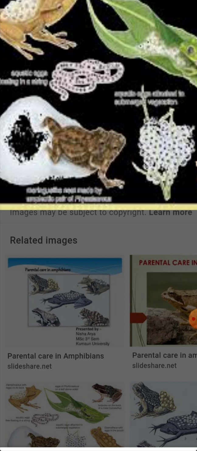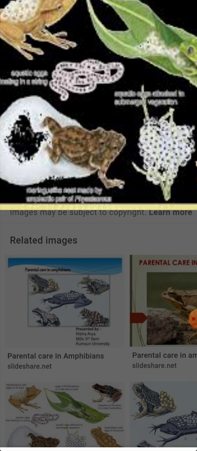The methods of caring by amphibia generally fall under two broad categories: protection by nests and direct caring by parents. Protection by nests: amphibians have evolved countless interesting methods to give protection to their eggs and larvae from predators.